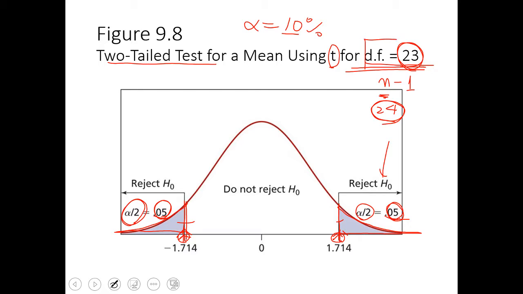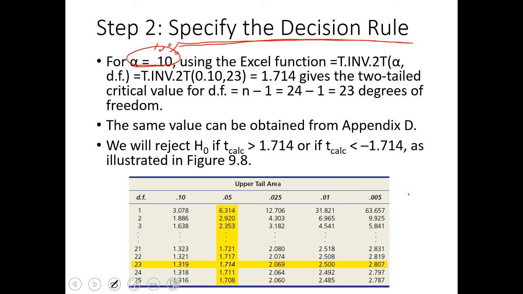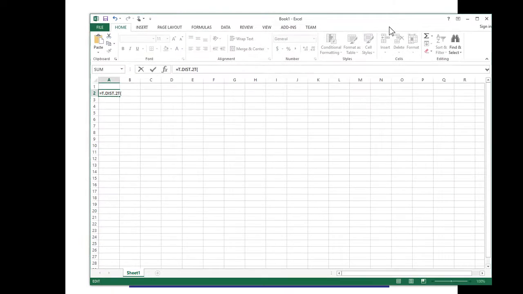So if the degrees of freedom is 23, then this two-tailed test critical value can be obtained by this Excel function.